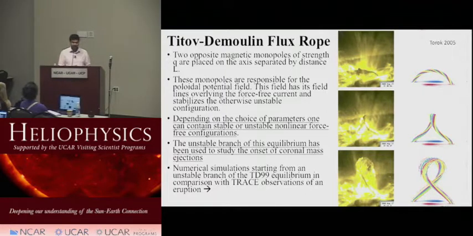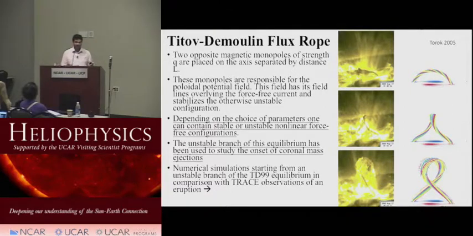This field has its field lines overlying the force-free current and stabilizes the otherwise unstable configuration. So this is all about how they try to stabilize and destabilize certain characteristics. And depending on the choice of parameters, one can obtain a stable or an unstable nonlinear force-free configuration.